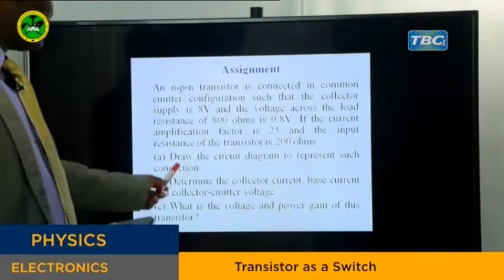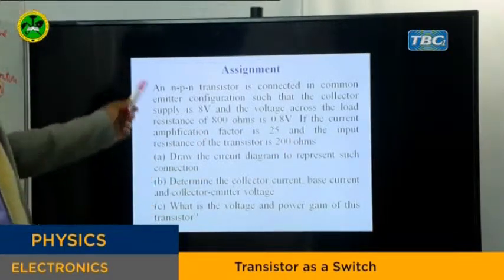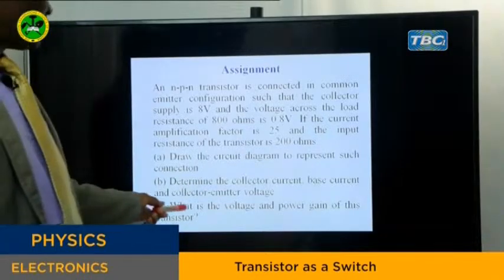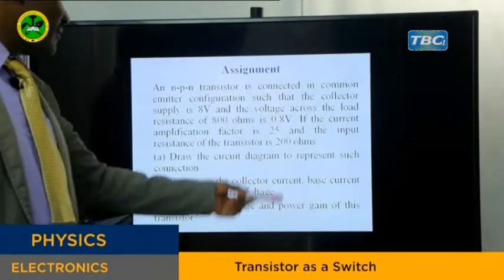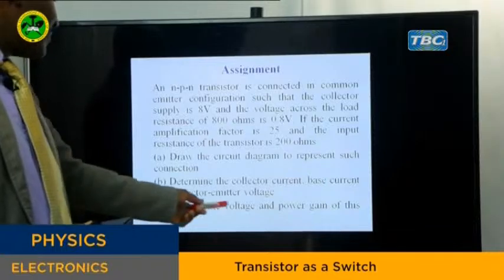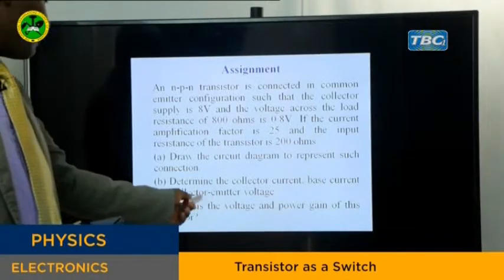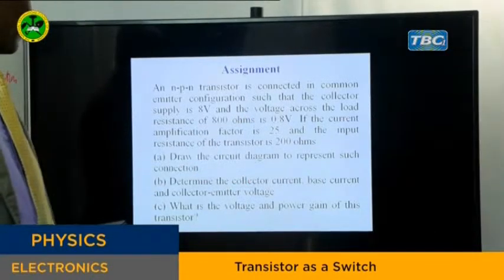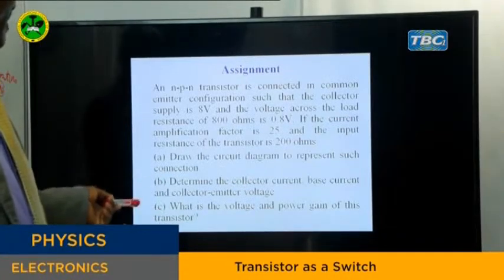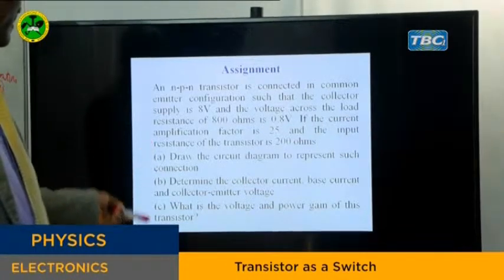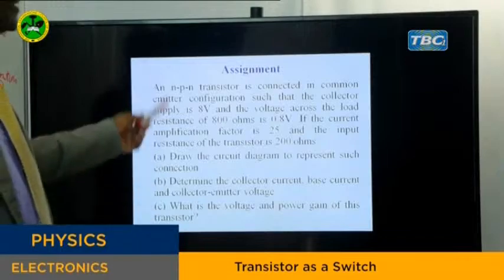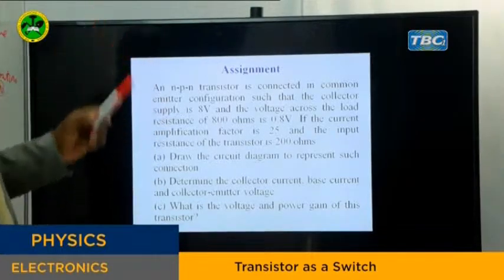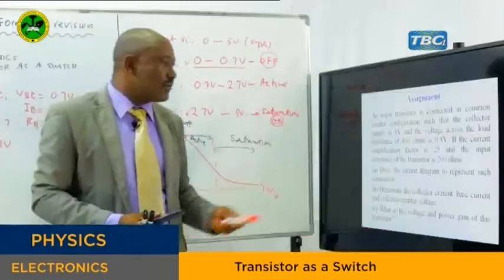You are required to draw the circuit diagram to represent this information. Then you are required to determine the base current, the collector current and the collector-emitter voltage, VCE. Finally, you are supposed to find the power and the voltage gain. This is the last part of our discussion, so I think you can do that.